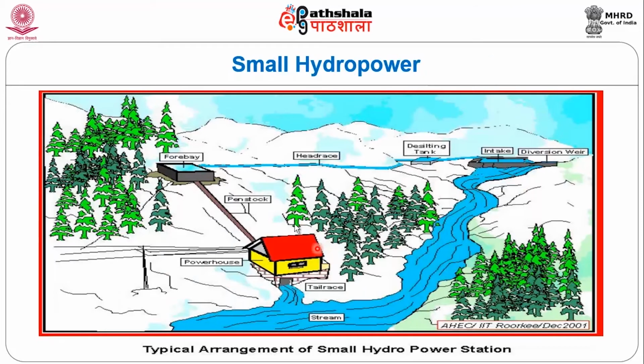And this is a small hydropower site, and this is the powerhouse, and this is the penstock and small reservoir, and this is the small river or stream. It is built across the river or stream, and small hydropower is generated from this.